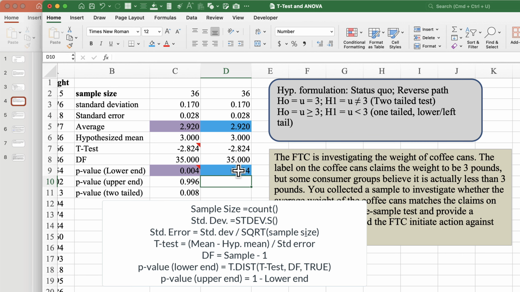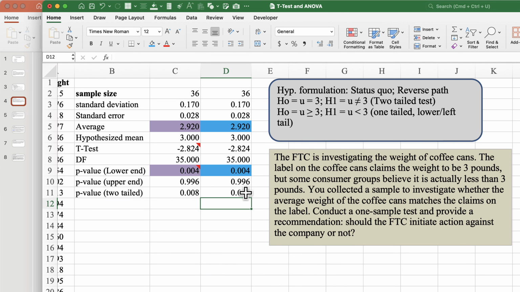So p-value turns out to be 0.004, and the other p-value will be 1 minus 0.004, which would be 0.996, and the two-tailed p-value will be 2 multiplied by the minimum of these two, 0.004 and 0.996, and that will give us 0.008.